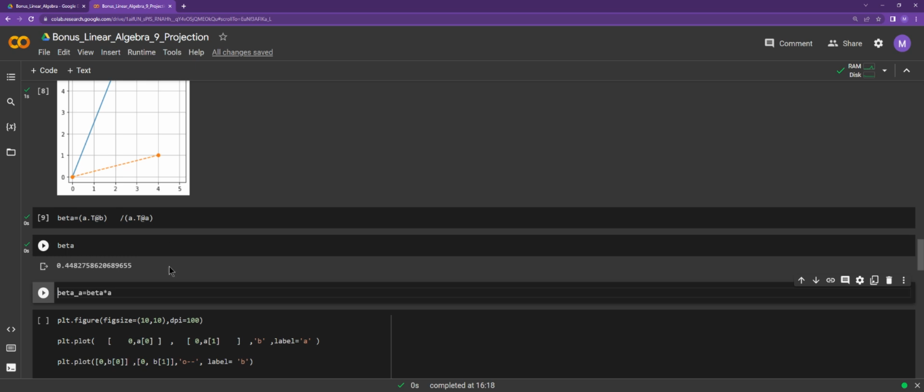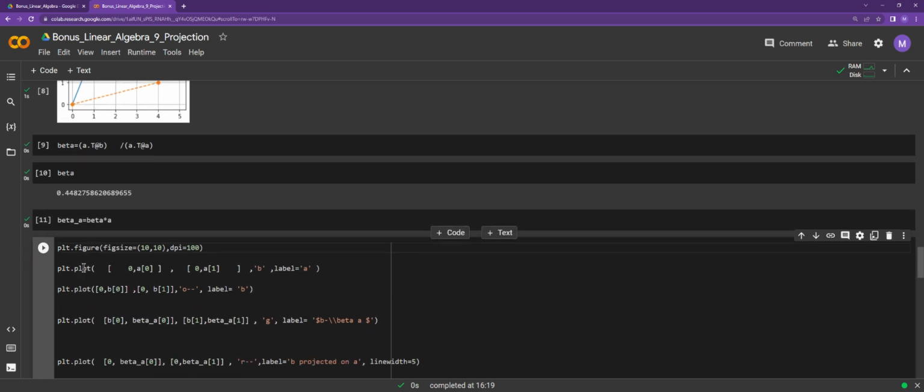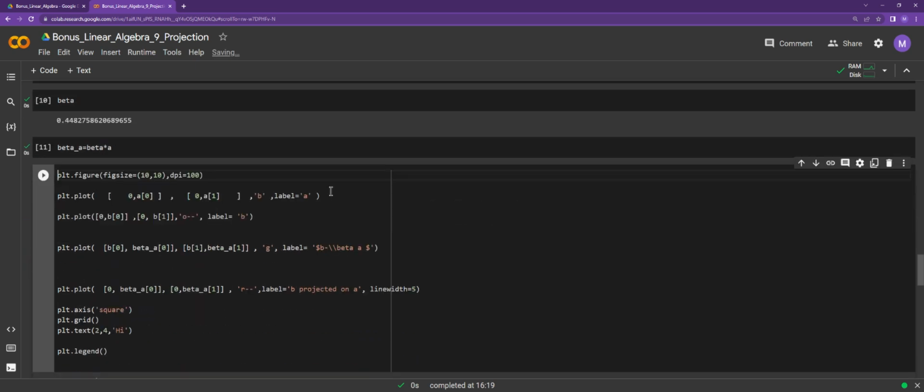Now, to get the projection of orange, all we need to do is to multiply beta, which is a scalar, by A. So beta A, which is going to be a new vector, which is the projection of the orange on the blue, we're going to call it beta A. All right. So now I'm going to plot all of these together.